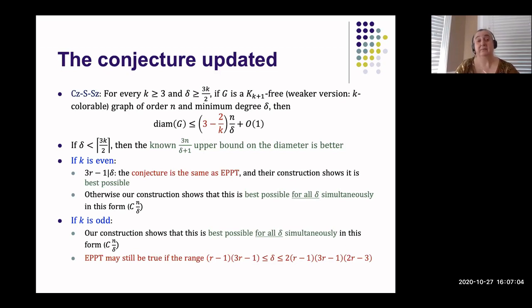So far so good. We have a modified conjecture. We have structures that show that if true, it's best possible. In fact, in the case of k equal to 4, we actually know that this is true.